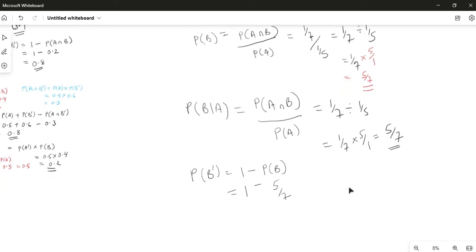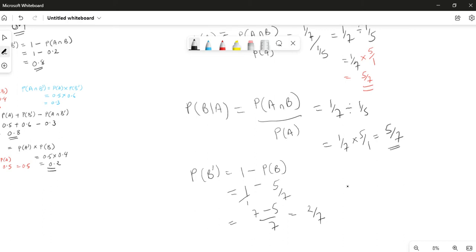So the common denominator here is 7. 7 minus 5 is 2 over 7. If you remember fractions, get the common denominator: 7 divided by 1 is 7, 7 times 1 is 7, 7 divided by 7 is 1, 1 times 5 is 5. That's how we get 2 over 7.